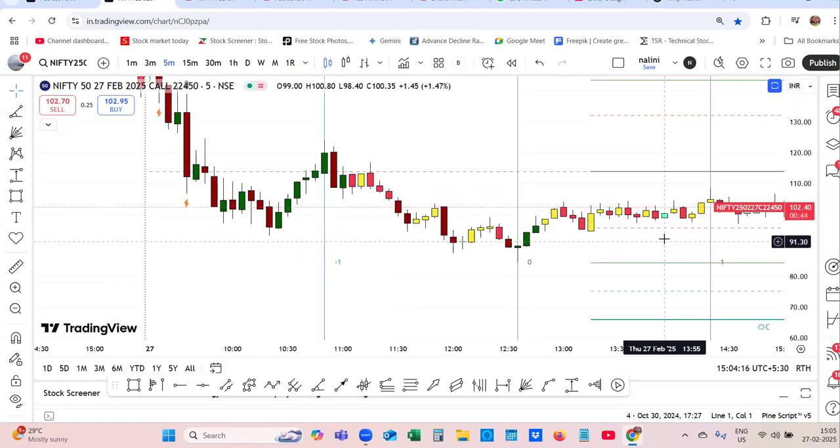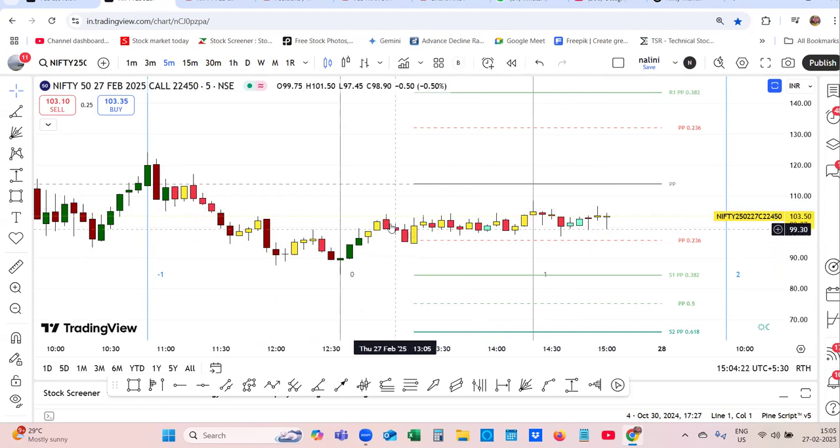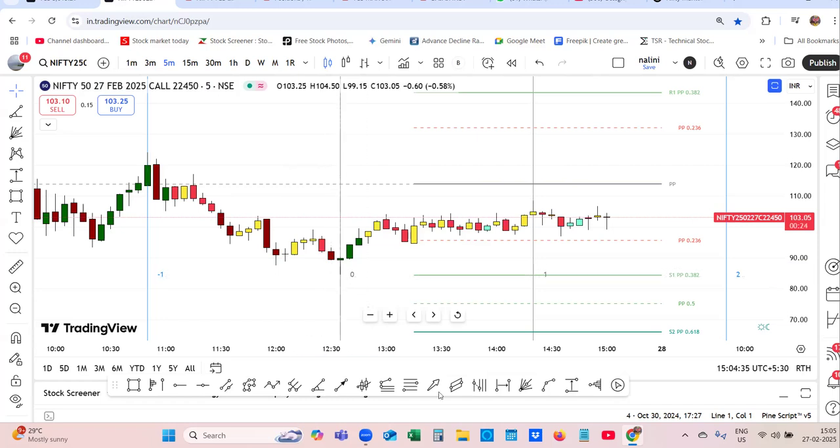Then the reversal came into the market. It rallied up to 105, and in the first leg you got the immediate target, 103 rupees. So from 83 to 103, if I anchor this, you can exactly take the reversal trade.